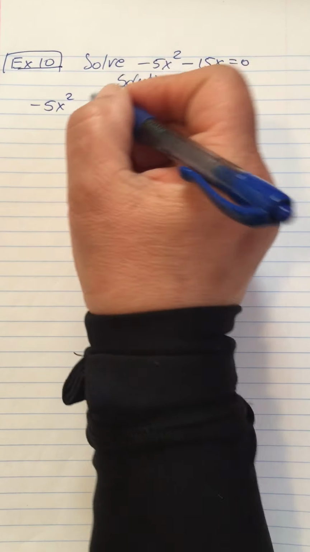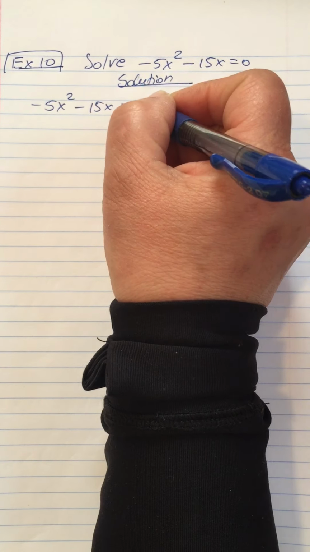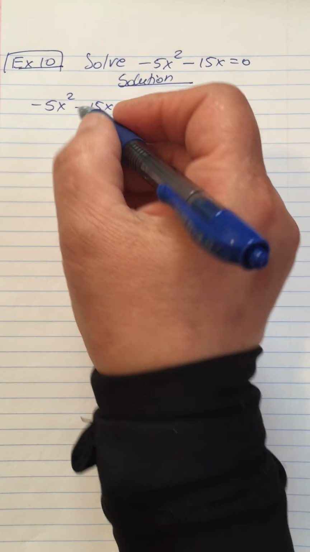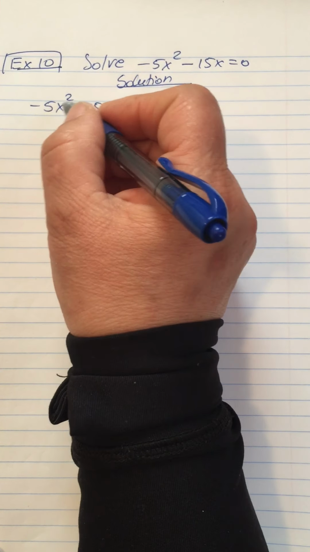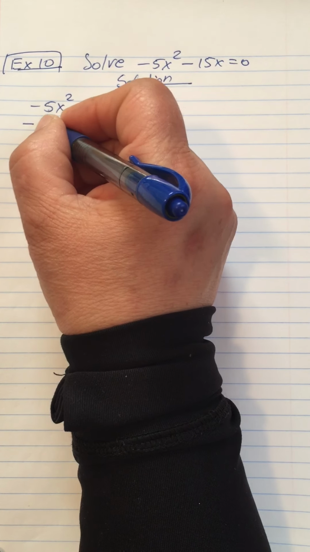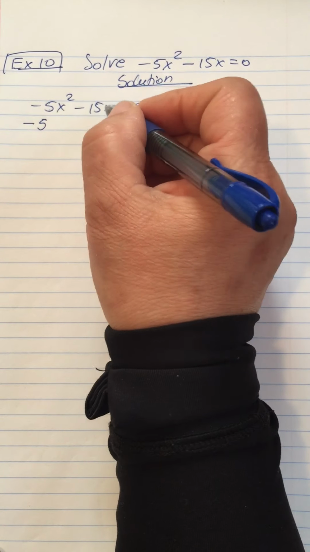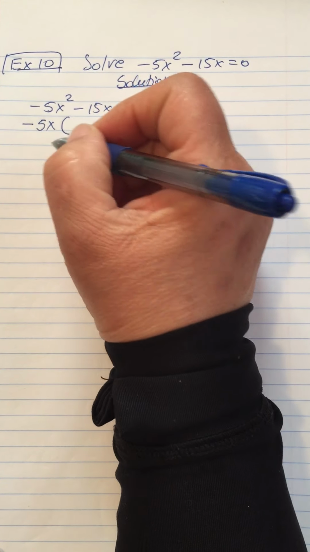Negative 5x squared minus 15x is equal to 0. Standard form, one side is 0 because I'm using factoring. Let me factor the common factor. So I had negative sign in common. 5 and 15 both can be divisible by 5. X in common, the smallest exponent. So negative 5x is the common factor.